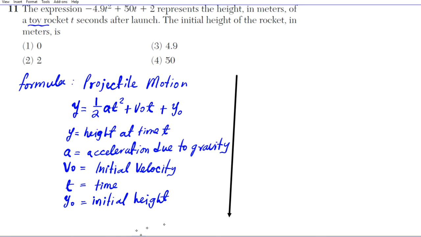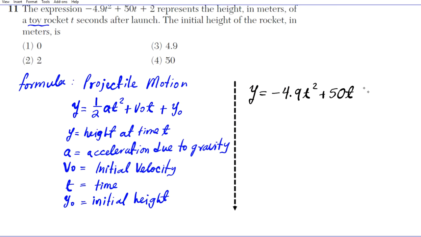Okay? Now what we're going to do is rewrite this, write down the function that we were given. So let's go ahead and write it down. It's y equals, I just put the y there to express this as a function, negative 4.9t squared plus 50t plus 2.